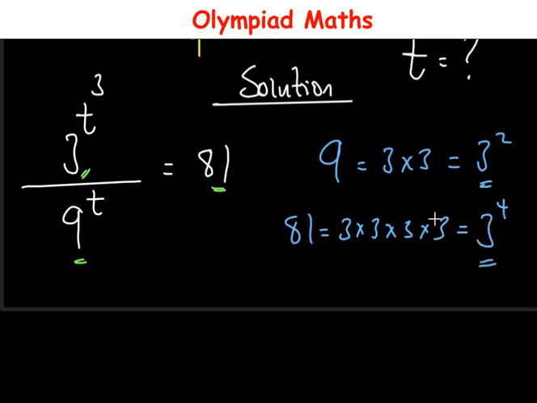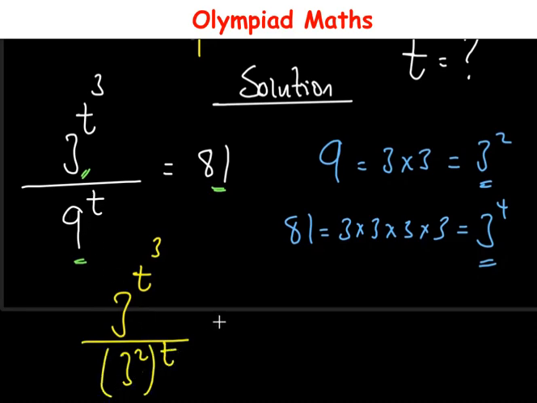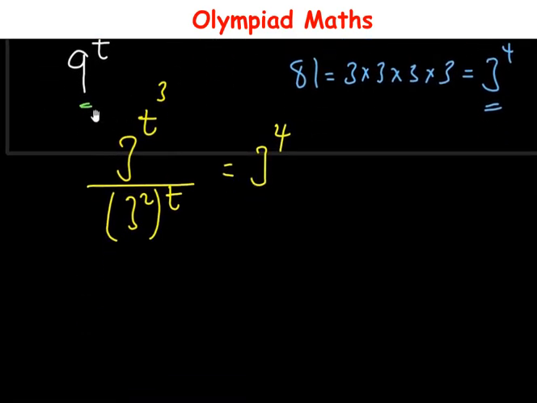So instead of writing down 9, we can replace it with 3 squared, and for 81, bring in 3 raised to power 4, such that what we have is (3^t)^3 divided by (3^2)^t is equal to 3^4. So with this, we have expressed this equation to have a base of 3.